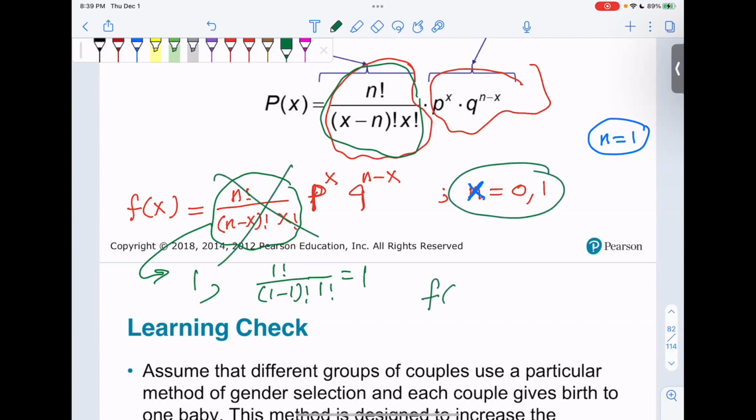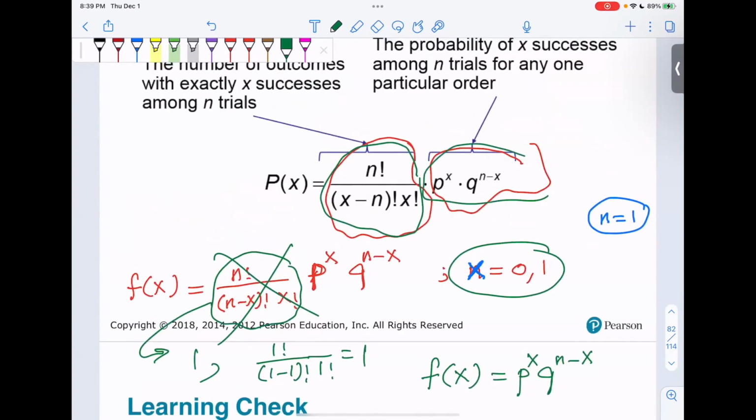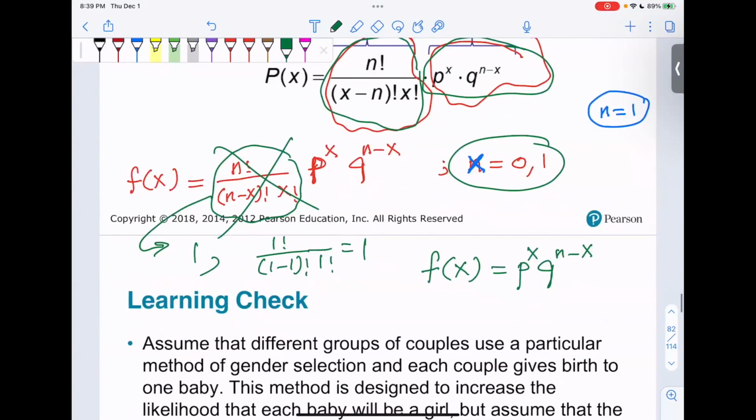So x will equal p^x q^(n minus x), which is this part, which is one time. By the way, this is a distribution. We call it Bernoulli distribution. In some books you will find it called a Bernoulli experiment or Bernoulli distribution.